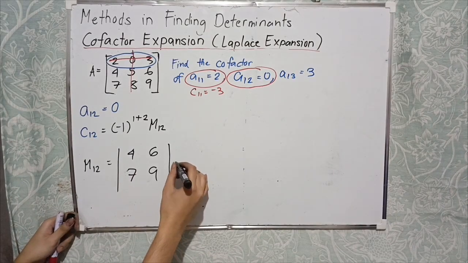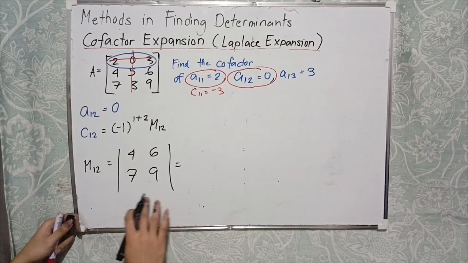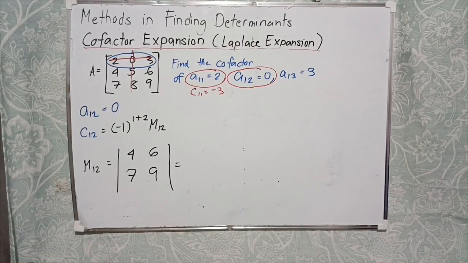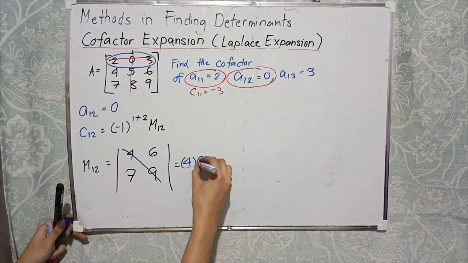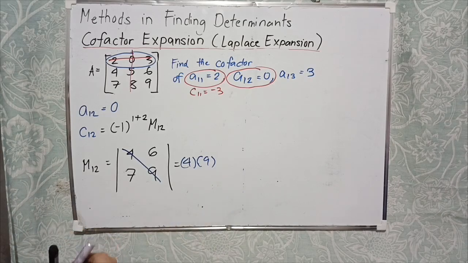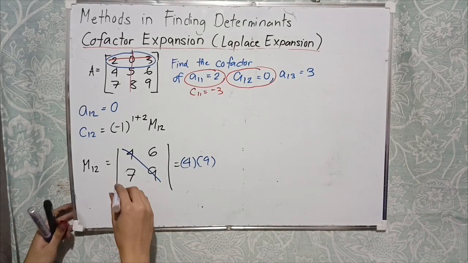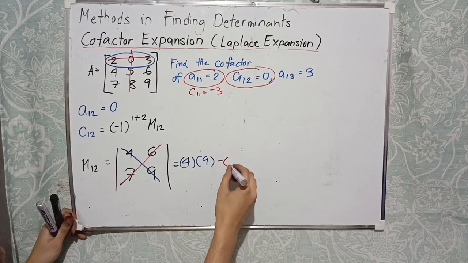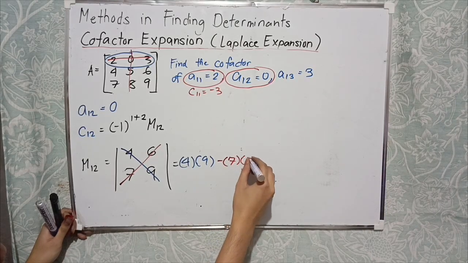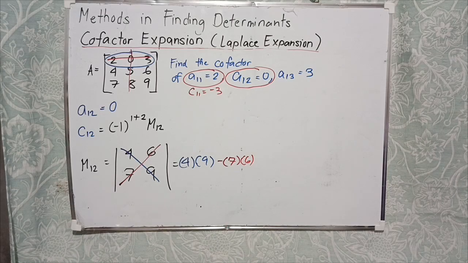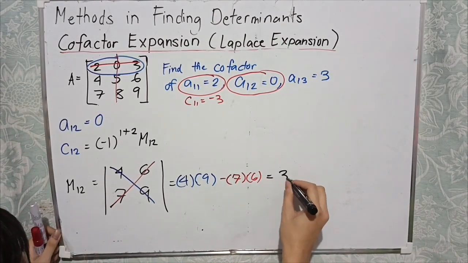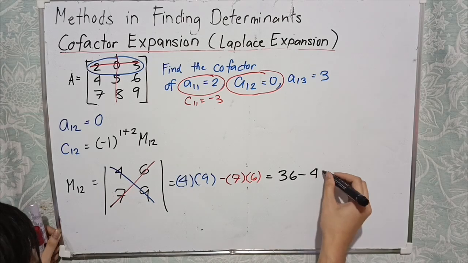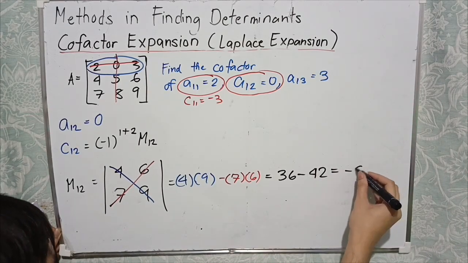Applying the Leibniz formula to get the determinant of this submatrix, we multiply these elements: 4 times 9, minus the product of the other elements, 7 times 6. The answer here will be 36 minus 42, which is equal to -6.